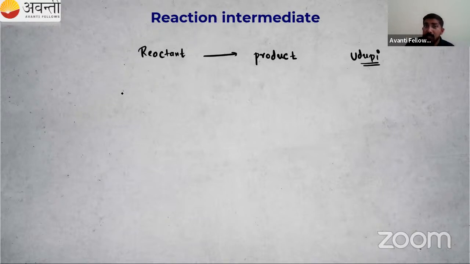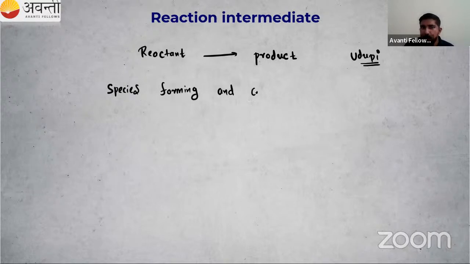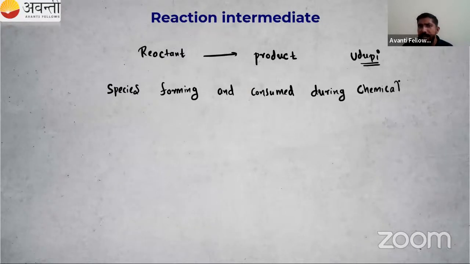So what is this reaction intermediate? They are the species formed and consumed during a chemical reaction. Finally, we do not get this reaction intermediate in the product.